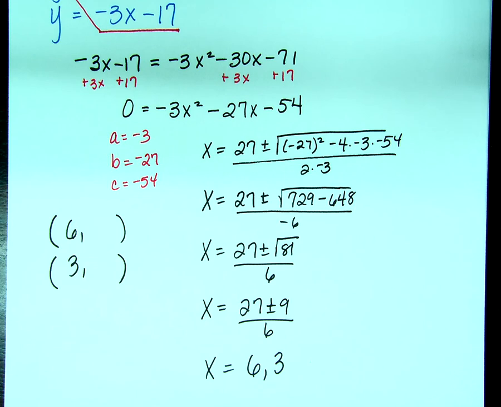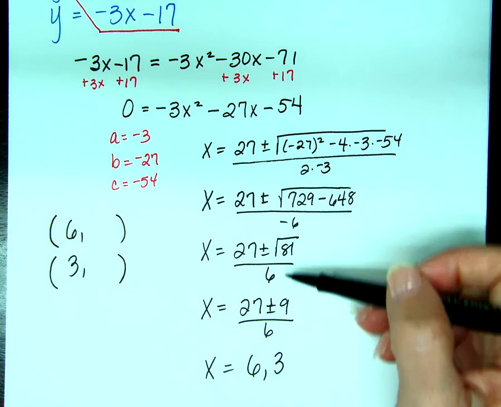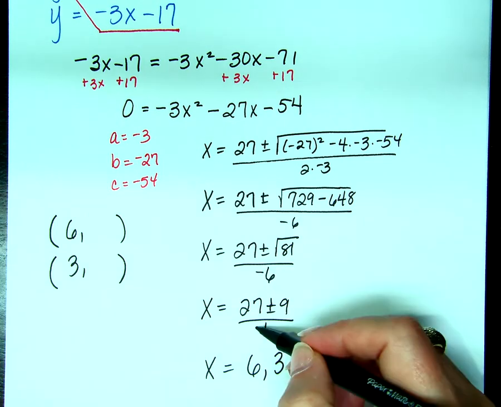Do you guys see my mistake? I see it. Can I fix it real quick? What is my nemesis, by the way? Negatives. Look what this is. Look what I wrote in the next step. That's a negative. That's a negative.